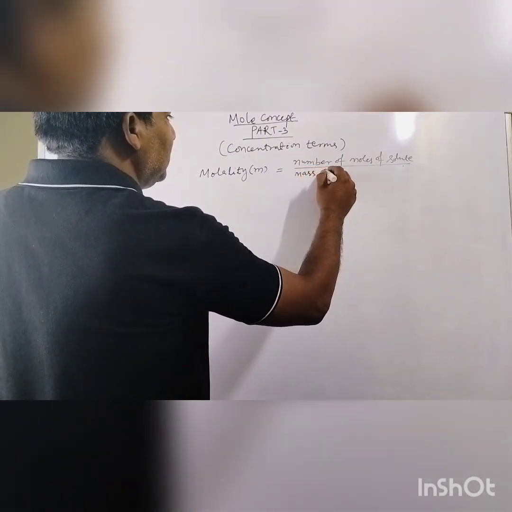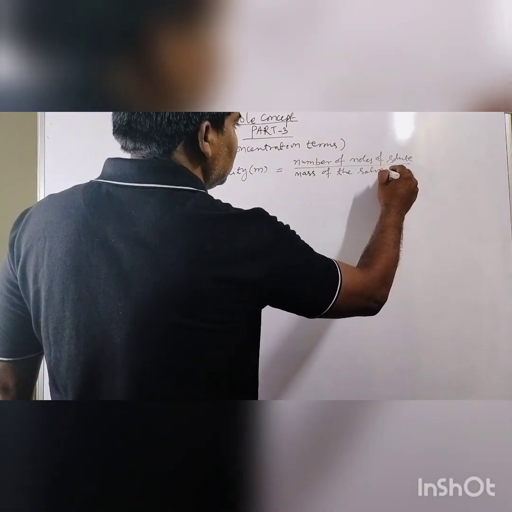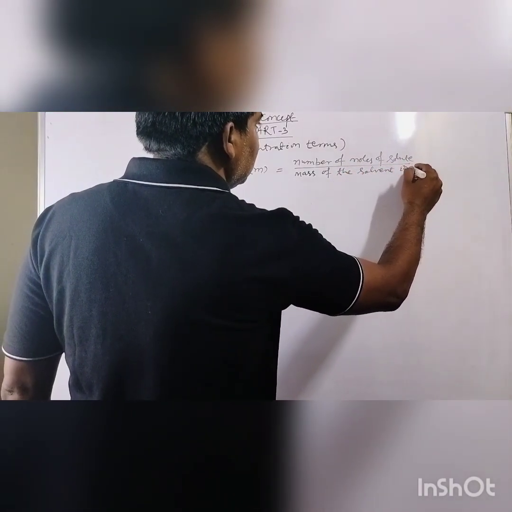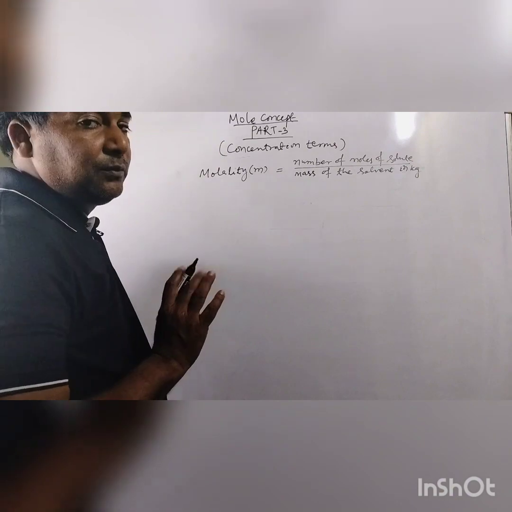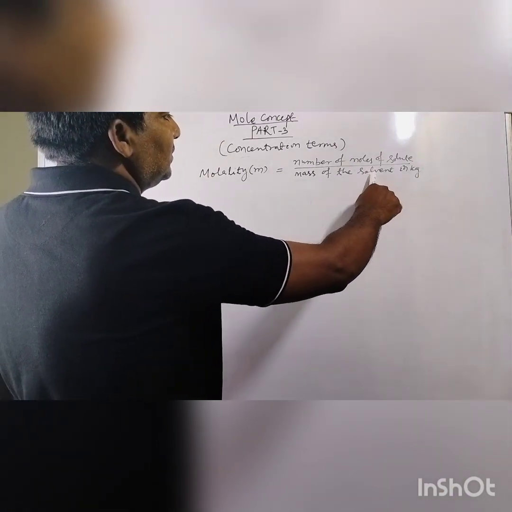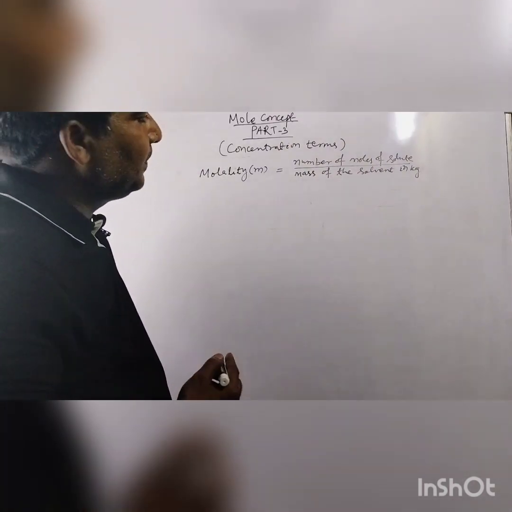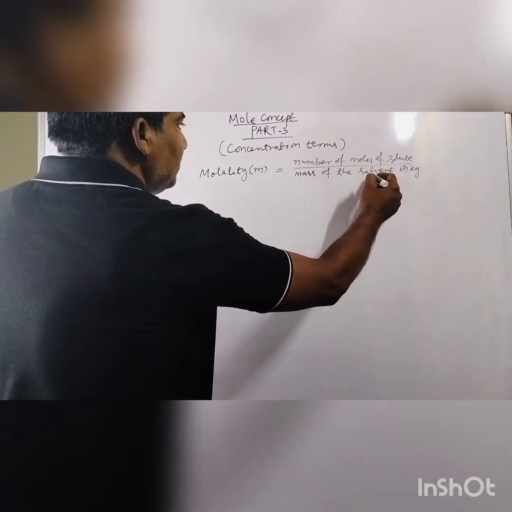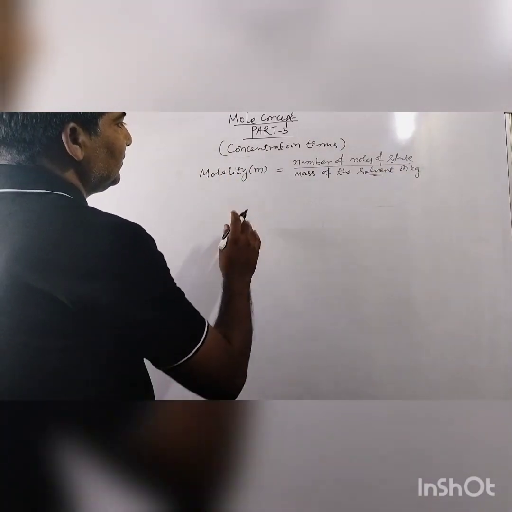This is very important. Mass of the solvent in kg, in kilogram. Okay. This is a very notable point because sometimes students forget to write solvent, or they think it is solution. Okay, that is incorrect. So this part is very important. This is the mass of the solvent in kg.